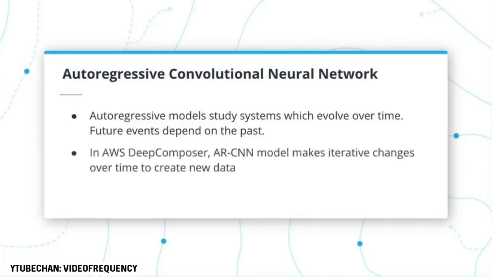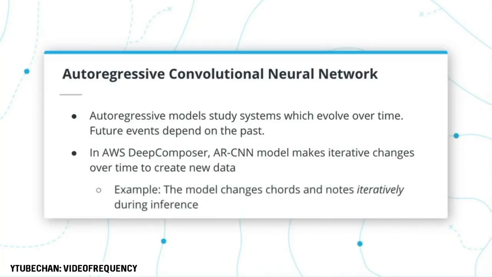When you use AWS DeepComposer to compose music, it makes small changes iteratively over time so that the melody sounds more and more similar to the dataset that the model training is performed on. During each change, chords can be modified, embellishments can be added, and sections can be added or removed. We call this model autoregressive not only because we represent time in our inputs, but also because the output is generated iteratively over time.